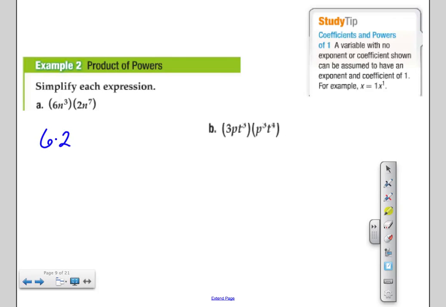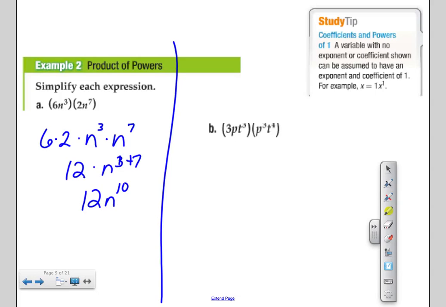So I'm going to move the 2 over here. 6 times 2 times n to the third times n to the 7th. All right? So now it's a little easier to look at, and we can think, okay, we have 12 times n to the 3 plus 7, or 12n to the 10th. Easy enough?